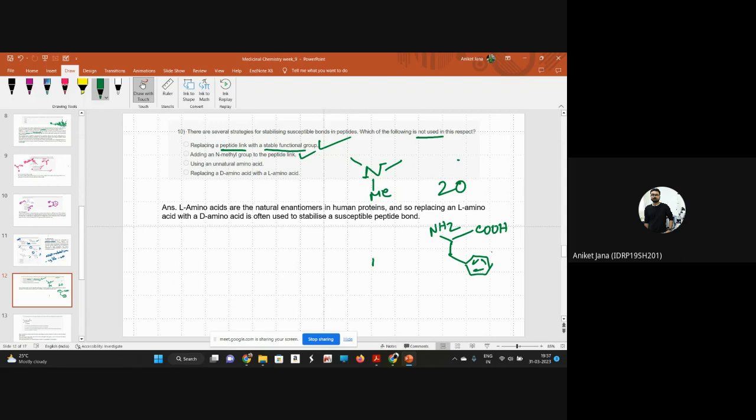So this is a natural amino acid. And if we change this phenyl group with a cyclohexyl ring, then it becomes an unnatural amino acid. We call this amino acid CHA in short.